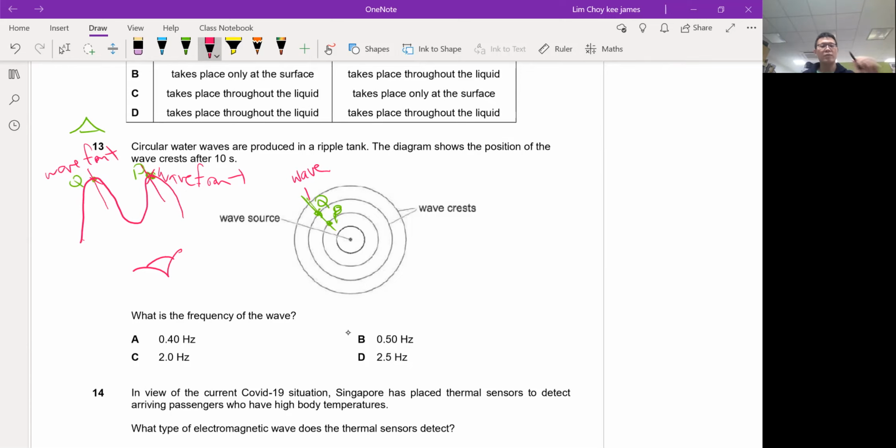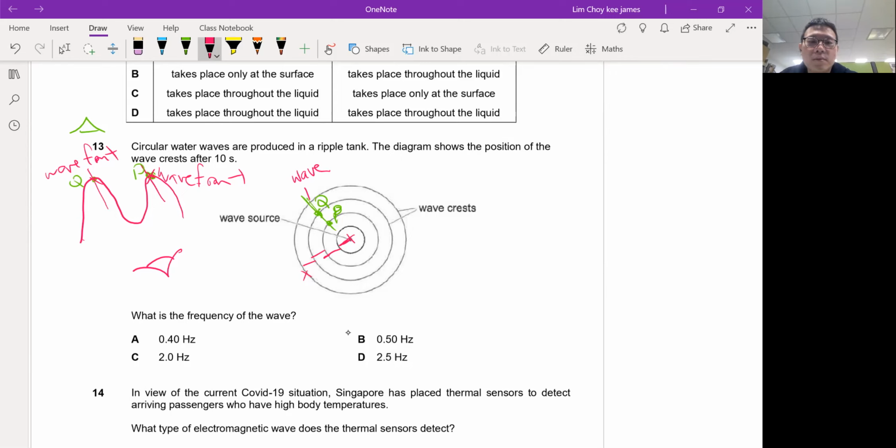With this in mind, you will know that from the source all the way out here, there is one wavelength, a second wavelength, a third wavelength, and a fourth wavelength.